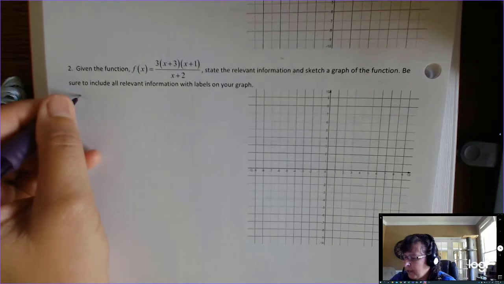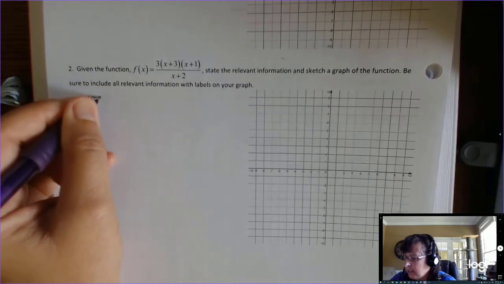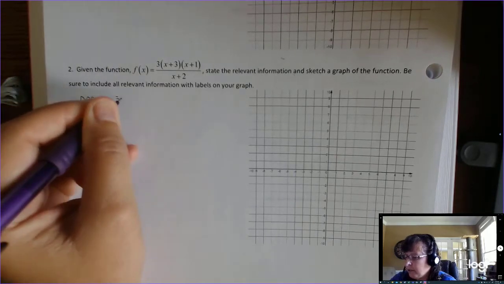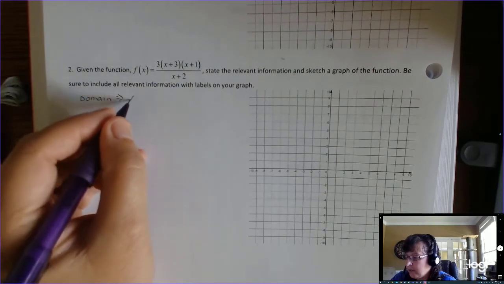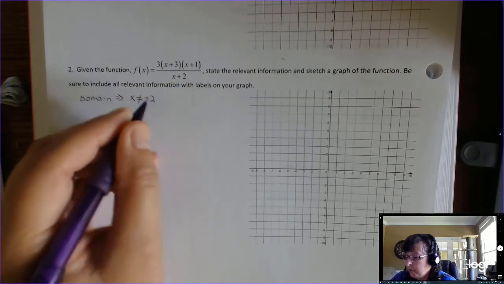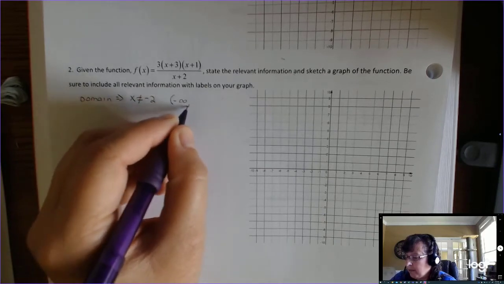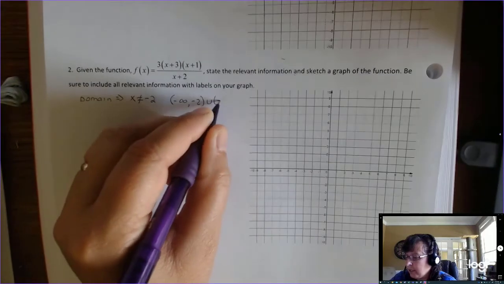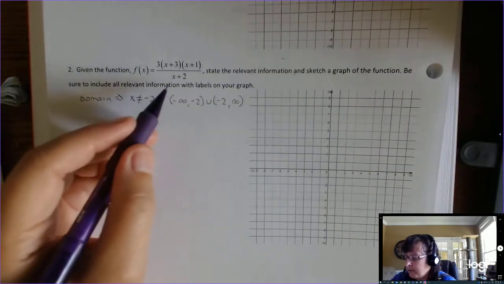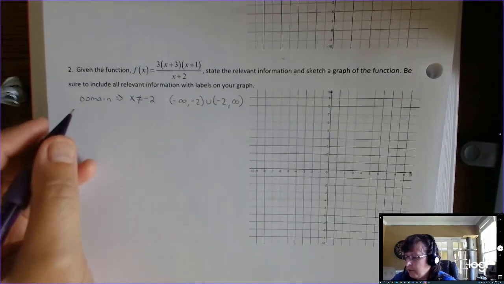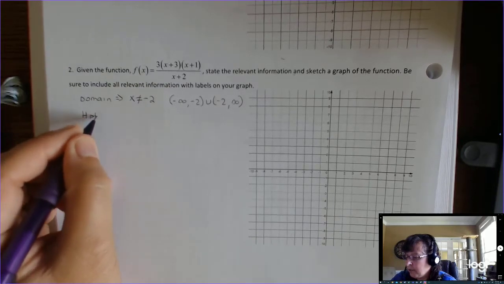Remember, you want to find the domain first, and the domain comes from the denominator. The restriction on that would be the 0. X cannot be -2, so the domain would be -infinity to -2 union -2 to infinity. Then next you want to see if the factors cancel, and no factors cancel, so there is no hole.